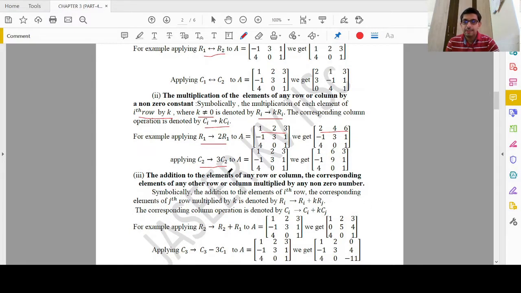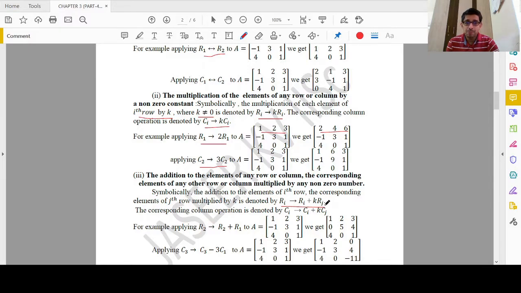The third and final elementary operation is addition to the elements of any row or column, the corresponding elements of any other row or column multiplied by any non-zero number. That is, if you want to change Ri, you can change it using Ri changes to Ri plus k times Rj.